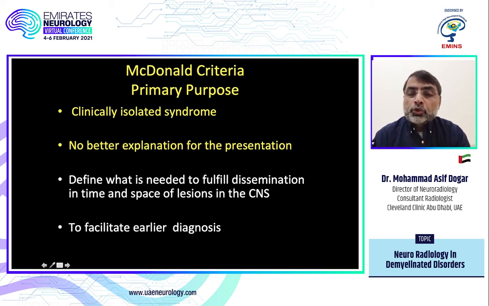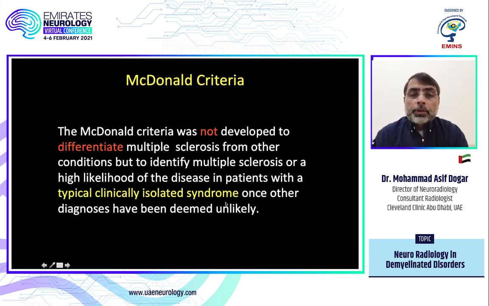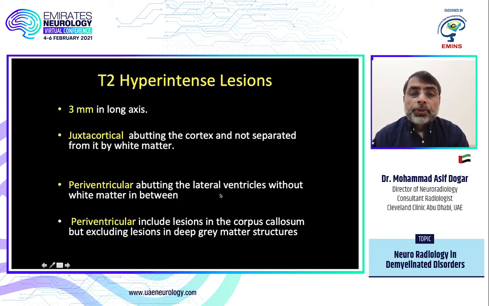Then these lesions should fulfill the dissemination in time and space. The basic purpose of the McDonald criteria is to facilitate the early diagnosis. So again, McDonald criteria is not to differentiate MS from other lesions. It is basically to confirm MS in a patient who is presenting as clinically isolated syndrome.